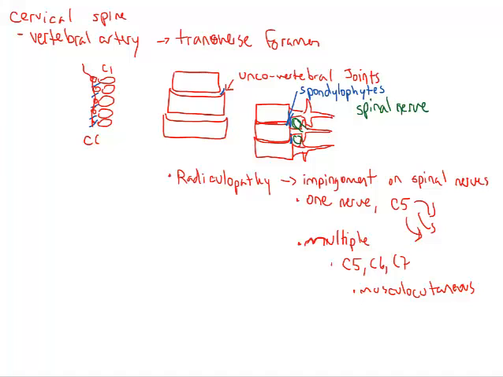Next big thing we wanted to look at was essentially the axis and atlas. So these play a major role when it comes to the articulation of the head. And let's just get some basic anatomy on it. We know that the atlas, for one, has no body, correct?